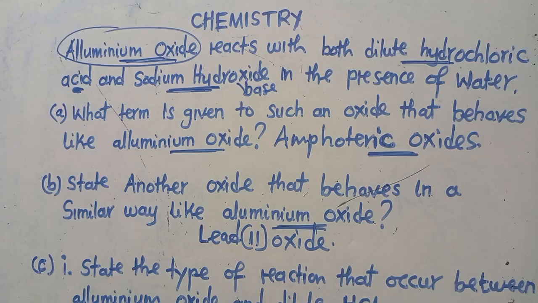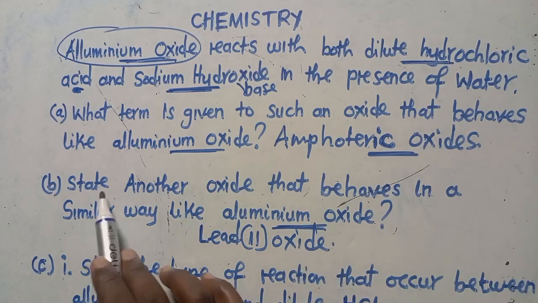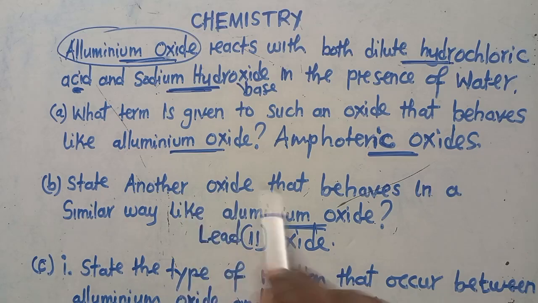But it is good to go through such questions if you've read about this, because someone can ask, how did I know that this is lead two oxide? It becomes a challenge that way. So we have a lot of examples of amphoteric oxides. Here, they are telling you, state another oxide.